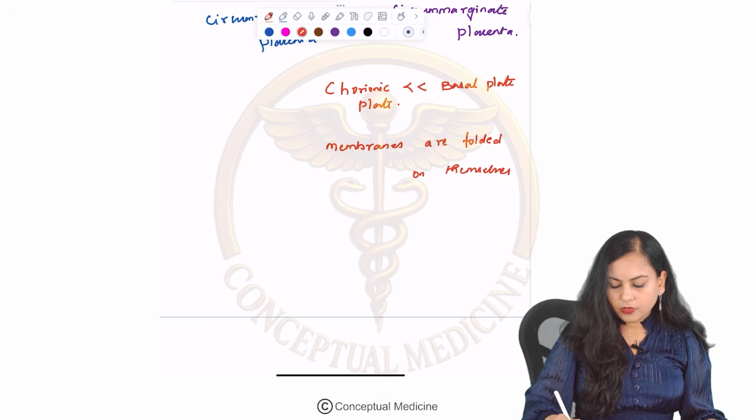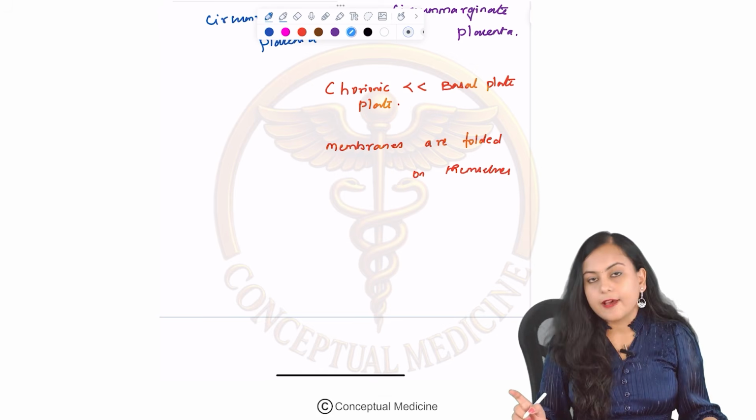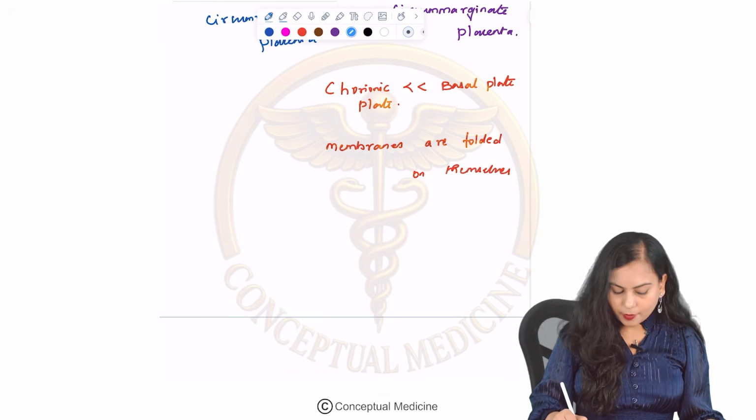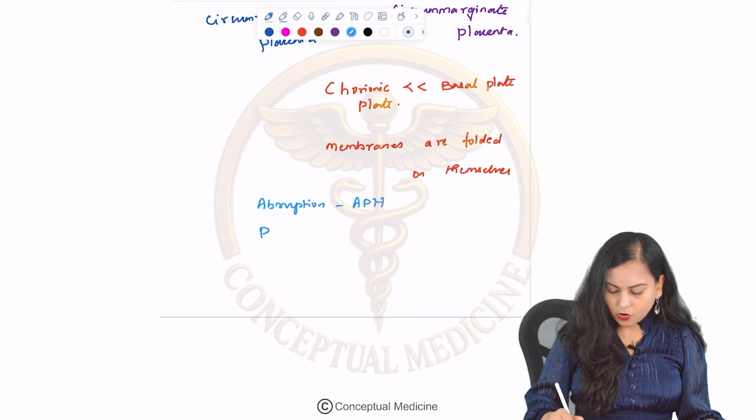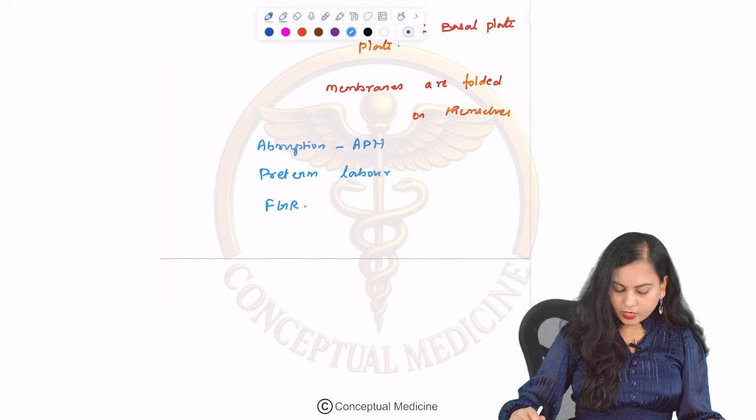So here also you will have many complications. The complications expected can be abruption, which can result in antepartum hemorrhage or preterm labor or even fetal growth restriction. Clear?